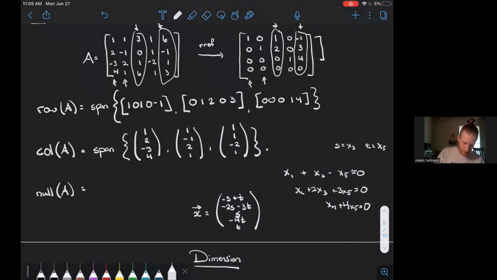I'll just write it like this. The s vector will be -1, -2, 1, 0, 0. And the t vector will be 1, -3, 0, -4, 1.